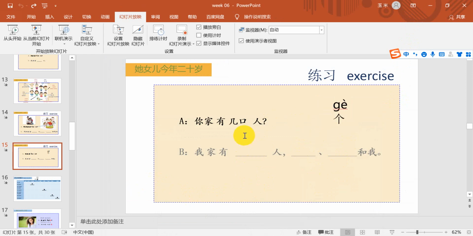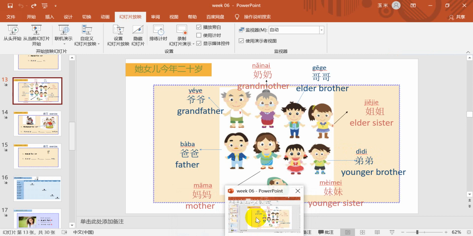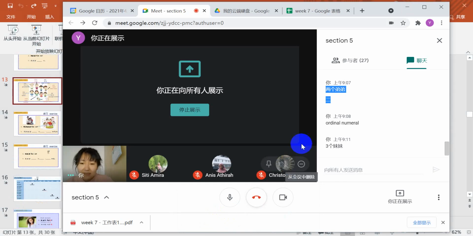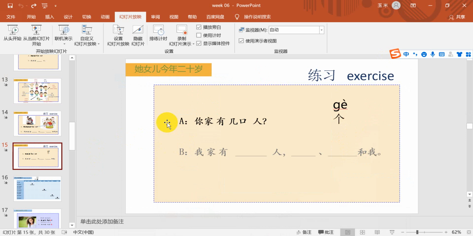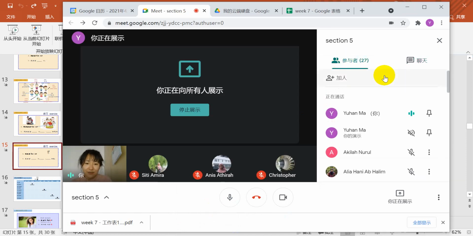Now maybe this time you have already known. Just now as you said, 你家有5口人, 爸爸妈妈、2个弟弟和我. Okay, how about other people? 你们家有几口人？As for me, 我家有3口人，爸爸妈妈和我.